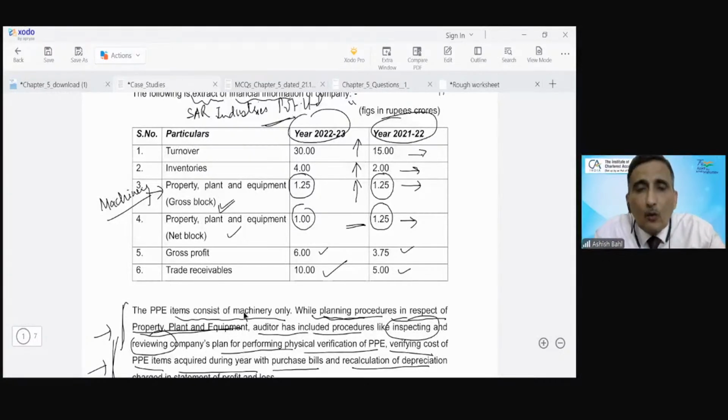The question is asking about gross profit ratio. Now see what is given in this table. Tell me first of all what is given in this table. Now I will tell you how you have to answer the questions.